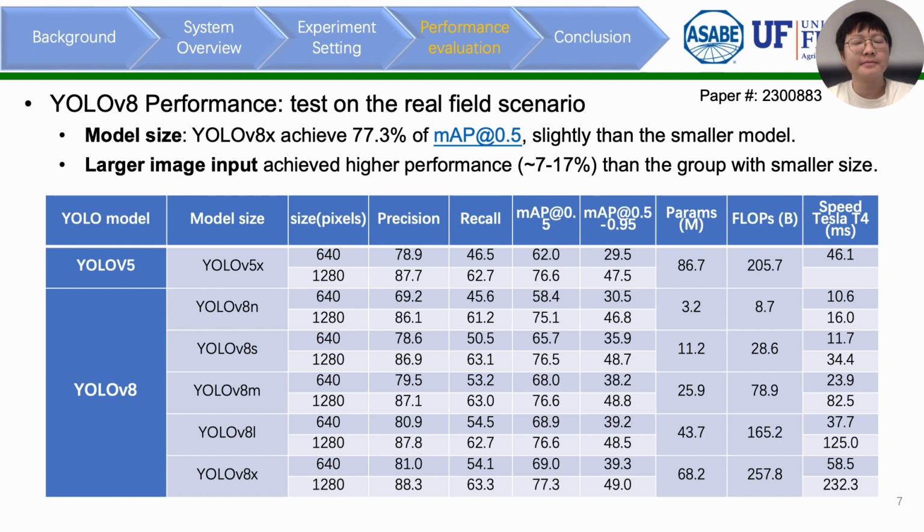As for the model size, the largest model, YOLOv8X, achieved the highest performance with 77.3% mAP at 0.5, but it's only slightly better than the smaller ones. What's interesting is that the larger image input achieved higher performance, about 7 to 17% higher than the group with smaller size. So finally, we will use YOLOv8X with the largest image size input.